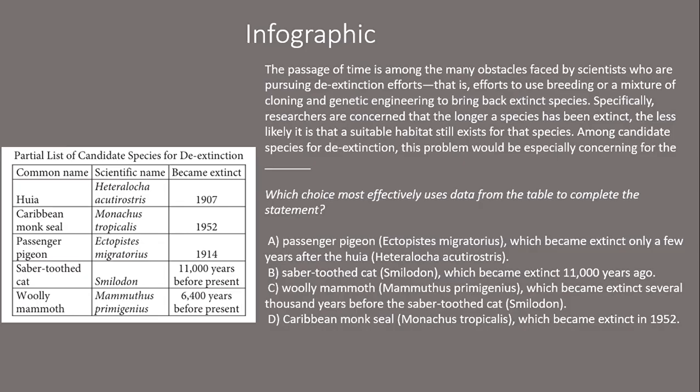And in the passage, the information is simple. Scientists are trying to see how they can bring back to life some of those dead and extinct animals. And one of the challenges they're facing is that the longer a species is dead and gone, the more difficult it will be to bring it back to life.